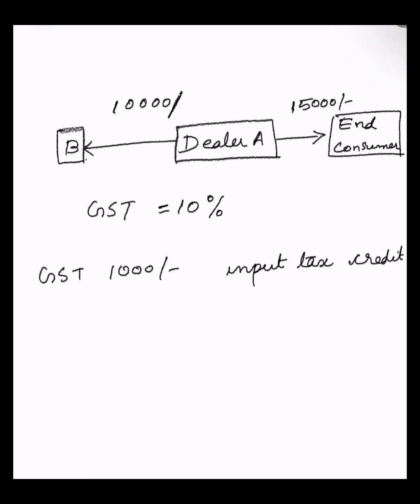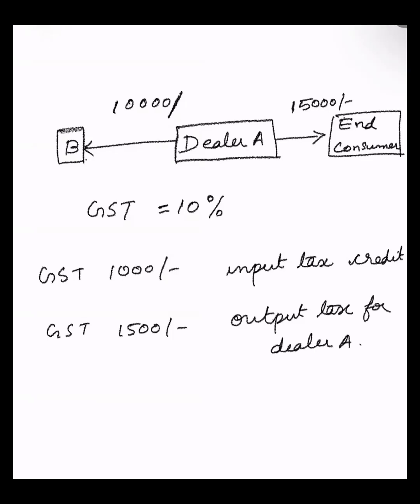Now, end consumer is paying 1,500 rupees as GST to dealer A. This is called output tax. Output tax for dealer A.